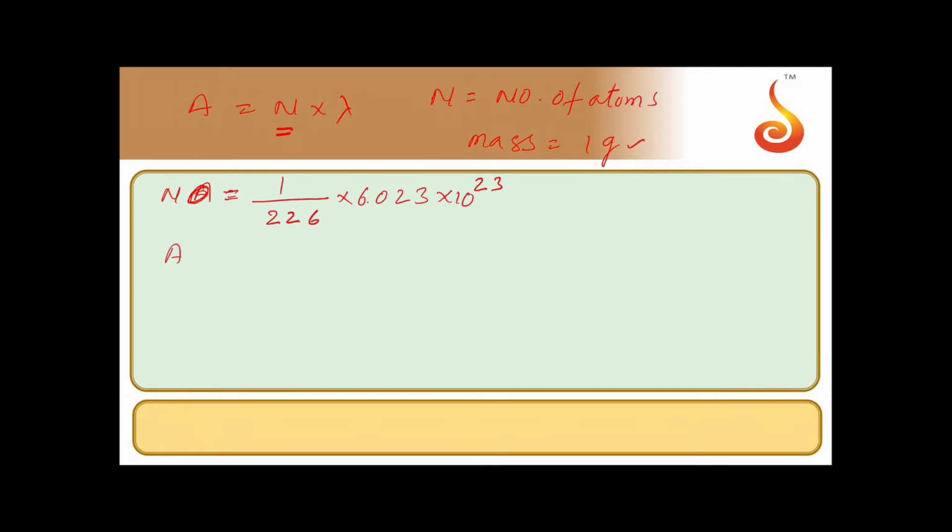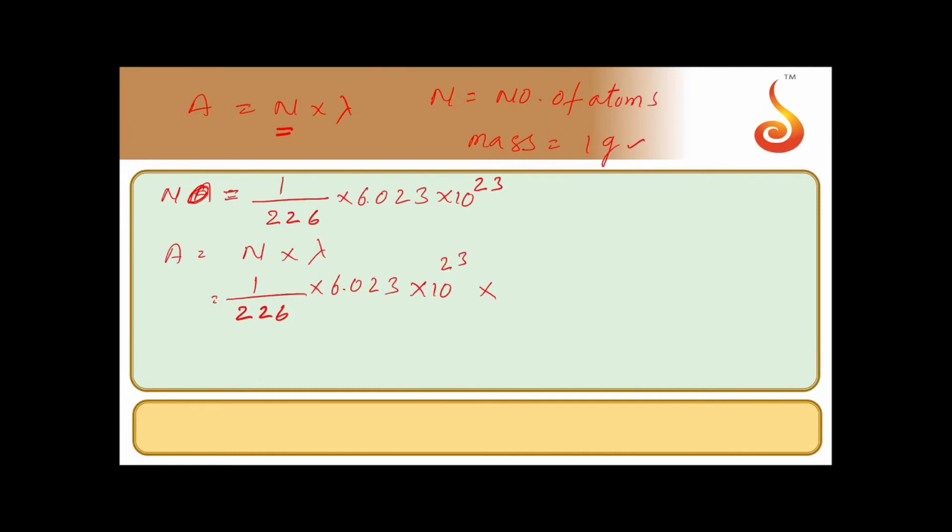Now activity A is equal to N into lambda, which is equal to, value of N is the same thing here, 1 by 226 into 6.023 into 10 to the power of 23, number of atoms, into lambda.